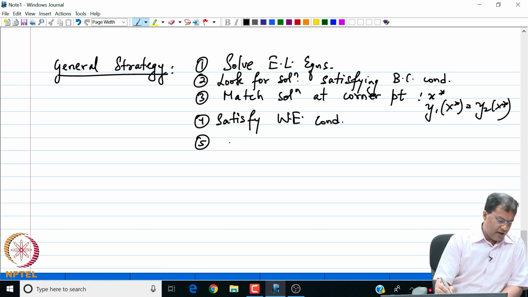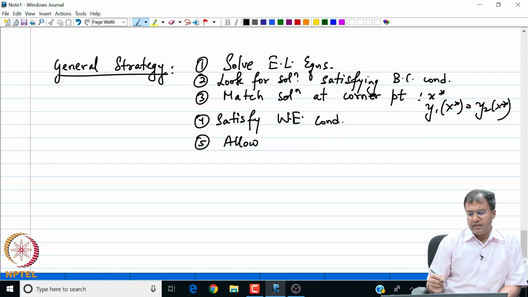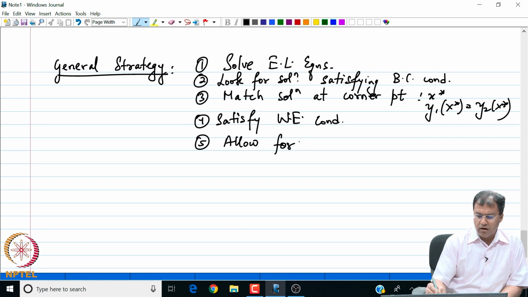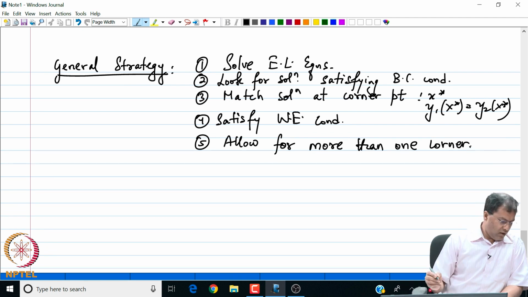Finally, the problem in general can allow for more than one corner point.